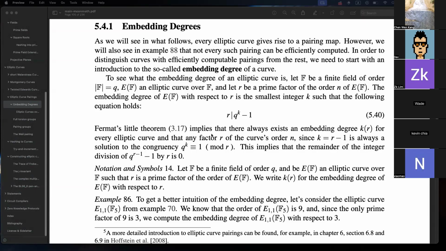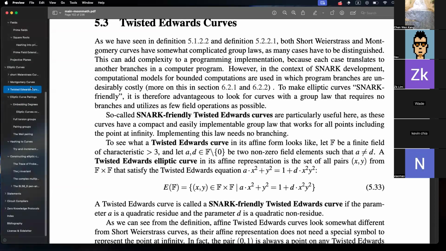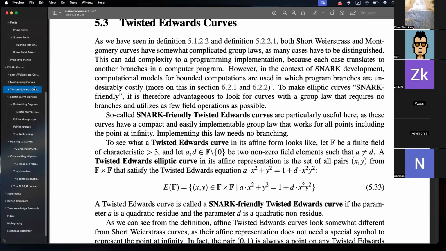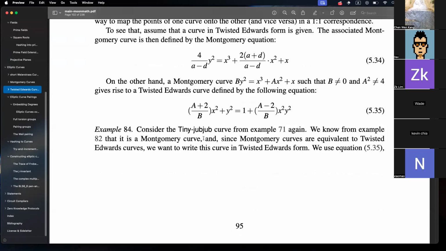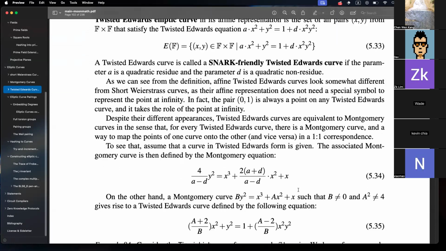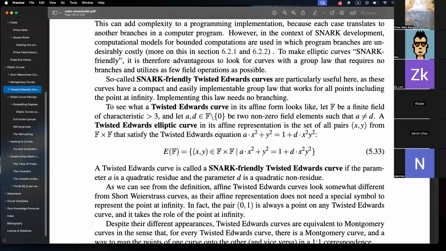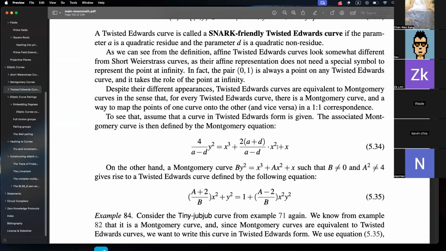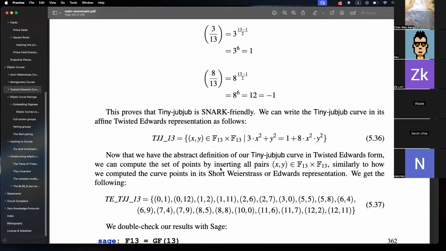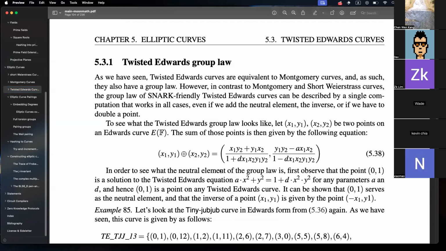So if you choose a curve, remember Short-Weierstrass, Montgomery, and Twisted Edwards. We talked about how with Twisted Edwards it's very easy to do a calculation for addition because of the group law.